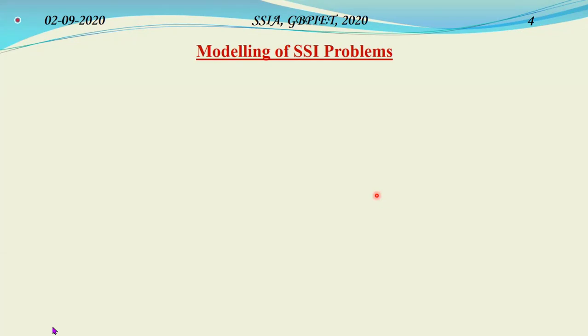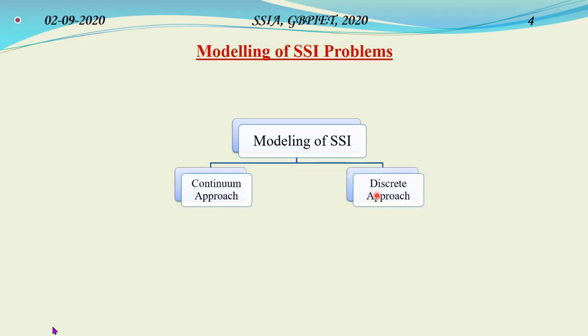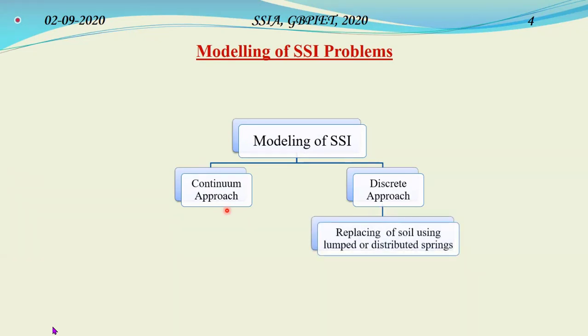So we'll talk a little bit about modeling of SSI problems, where in general we have two classes: a discrete approach, or what is also called a lumped parameter approach, and a continuum approach. In the discrete approach, we replace the soil using lumped springs or distributed springs. So we basically try to exemplify the soil through some mechanical elements and then exhibit the behavior.